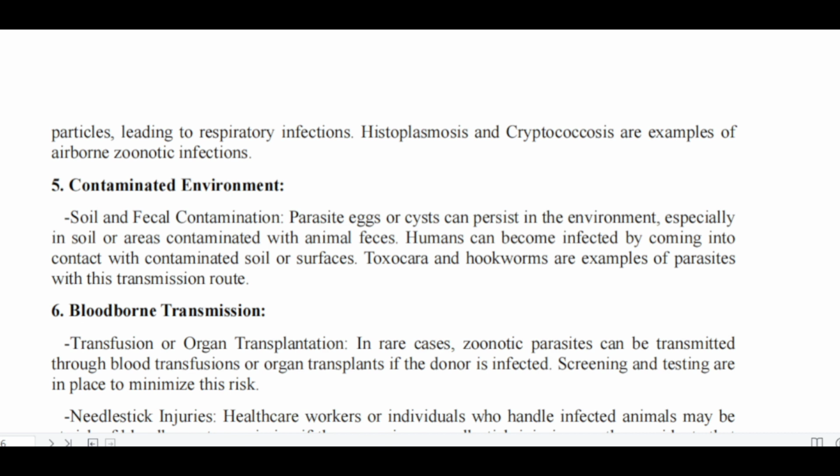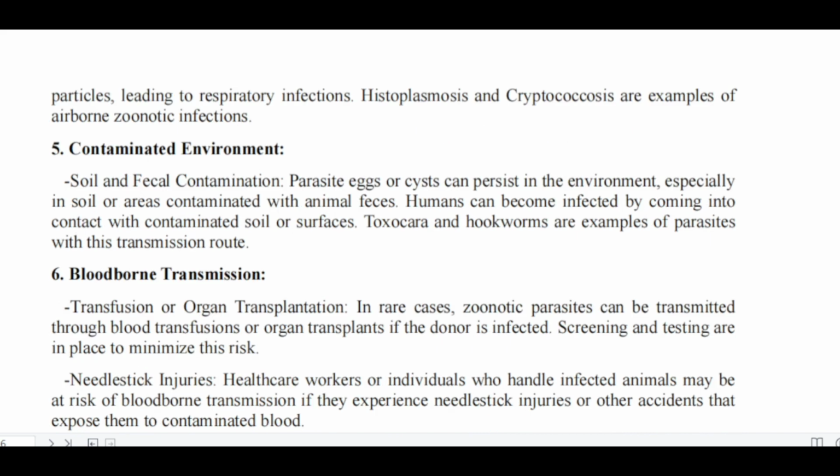Toxocara canis is a parasite that is commonly found in animals like cats, right? And hookworms are examples of parasites with this kind of transmission route.